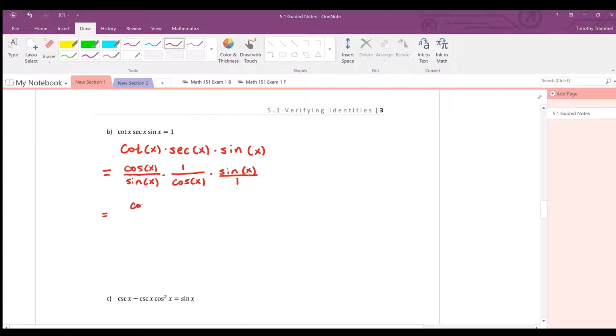So cosine of x times sine of x all over sine of x times cosine of x. And now you could probably tell me, well, this is equal to 1, right? Because you end up with cosine of x over cosine of x, which is equal to 1, and sine of x over sine of x, which is equal to 1. So this is all 1.